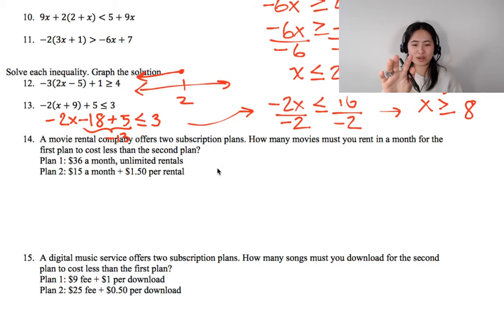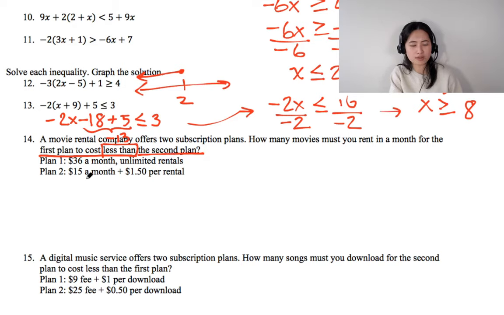Here's the thing with the keywords: anytime you're dealing with math, but I think this applies to any subject, if you're taking a test, just highlight or underline things. You have first plan to cost less than, so less than is the keyword. The first plan is $36 a month, and that's unlimited rentals.